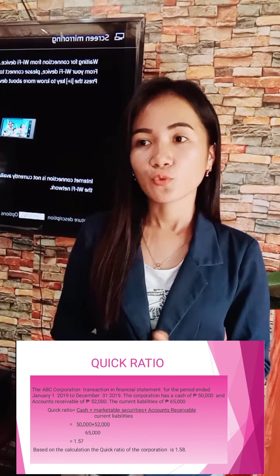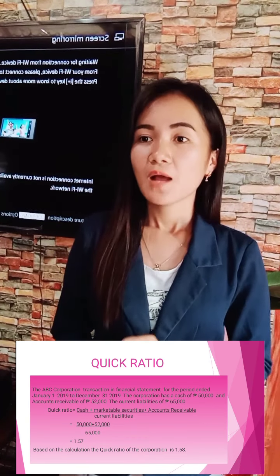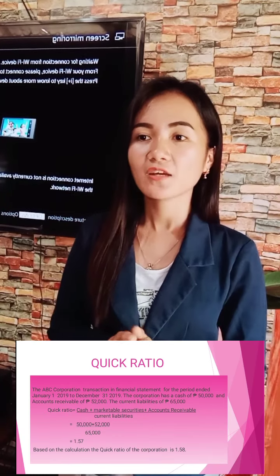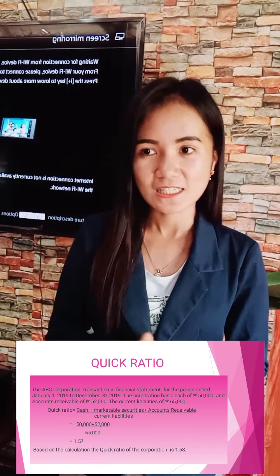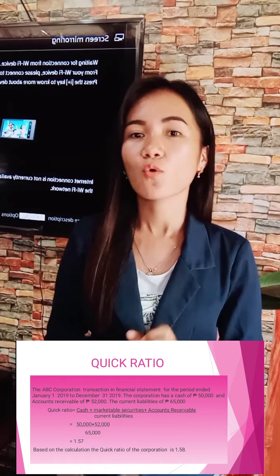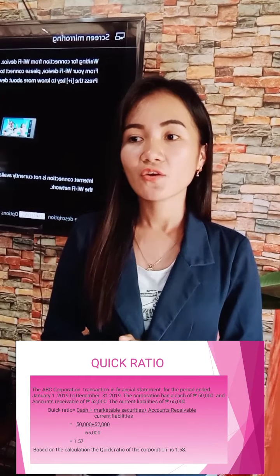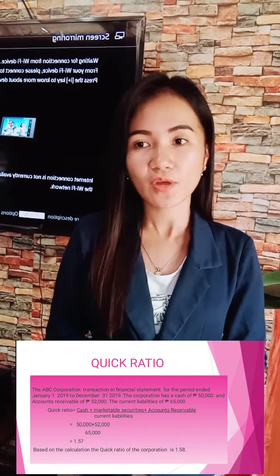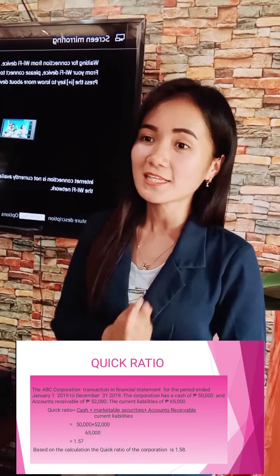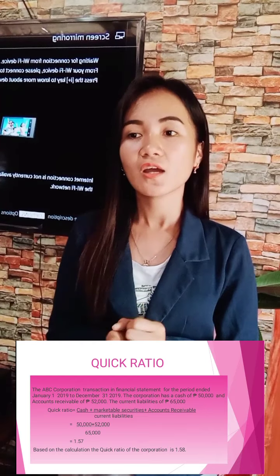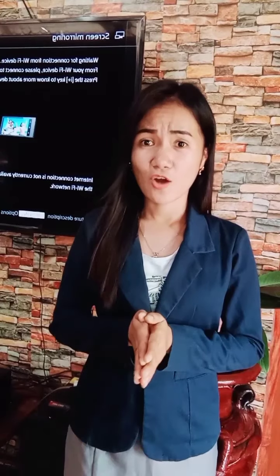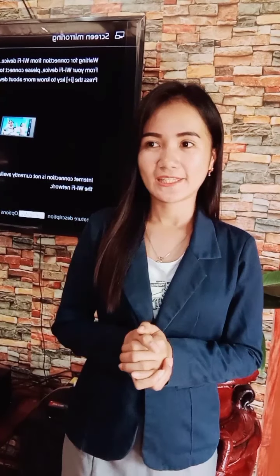For the quick ratio, cash plus marketable securities plus accounts receivable divided by current liabilities. Based on the calculation, the quick ratio of the corporation is 1.58. So the ratio measures whether ABC Corporation's most liquid assets could settle the current liabilities which are required to be paid in the shorter period. And now let's proceed to the return on equity.